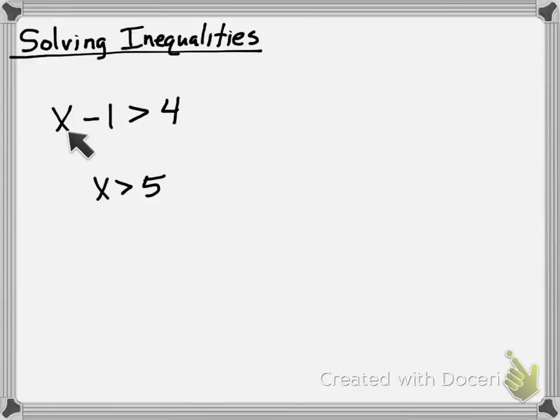Because as long as x is more than 5, then when I subtract 1, I'm still going to have more than 4. Right? So algebraically, how did we get that? Well, if this was an equation, how would you get rid of this minus 1? You would add 1. And if you add 1 to one side, you'd have to add 1 to the other side. Does it look like that same thing works for inequalities? It does.